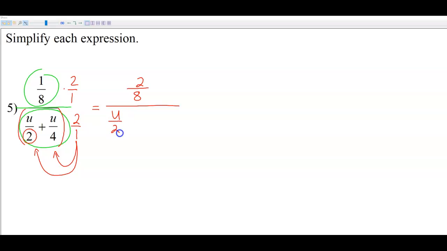U over 2 is going to be multiplied by 2 over 1, and U over 4 is going to be multiplied by 2 over 1. So you're going to distribute that 2 over 1 to both of them. Now in this case, the 2's cancel, right?